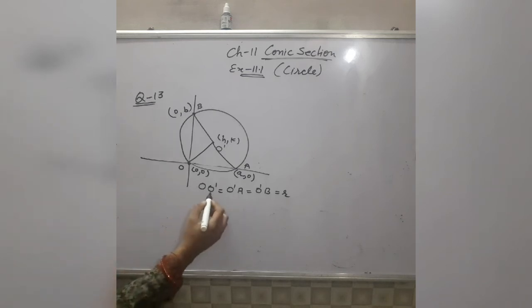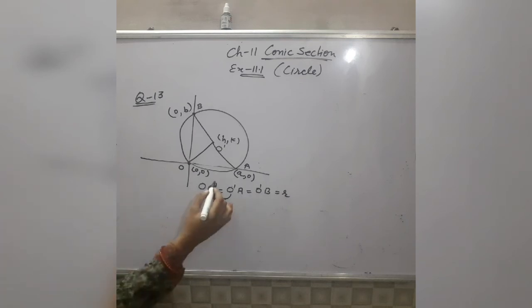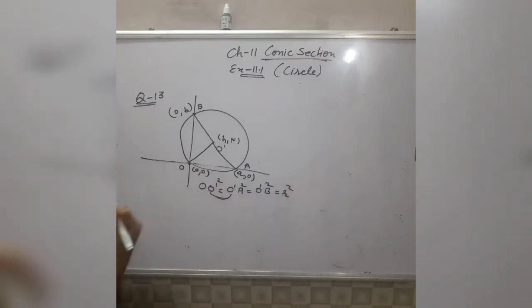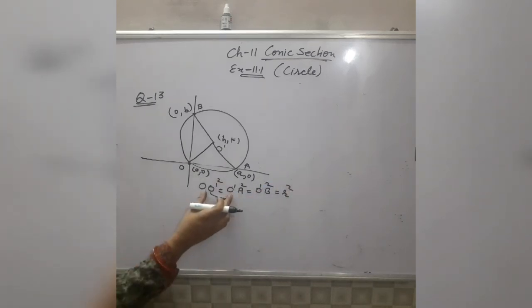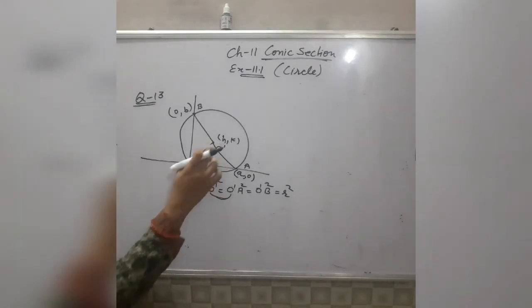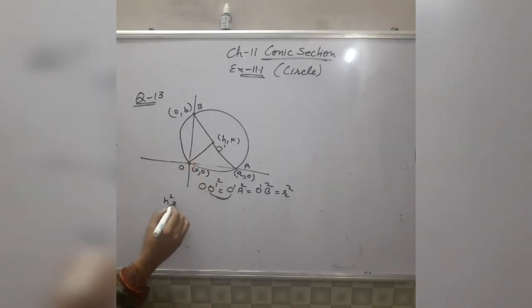So firstly we will take these two distances together by taking O dash O equal to O dash A, and if these three distances are equal, then the squares of these three also will be equal. So taking the first two terms, you will get h minus 0, means h square, plus k minus 0, means k square.